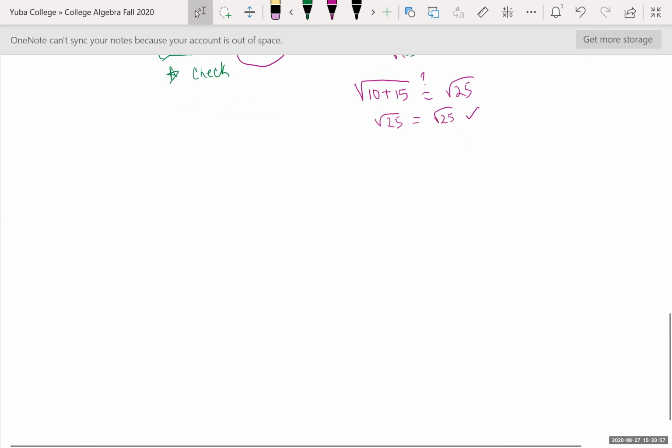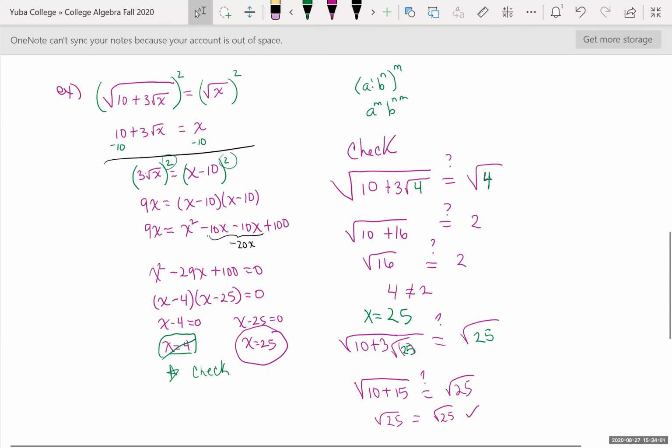Miss Nossinger, yes, wouldn't 10 plus 16 equal 26? Yeah, so let me just make sure I did my math right. I think I might have done something wrong over here. Because I'm looking at this, it should have been just 6, sorry. Because right here, this shouldn't have been a 16.